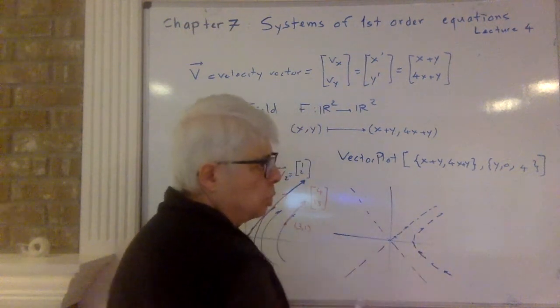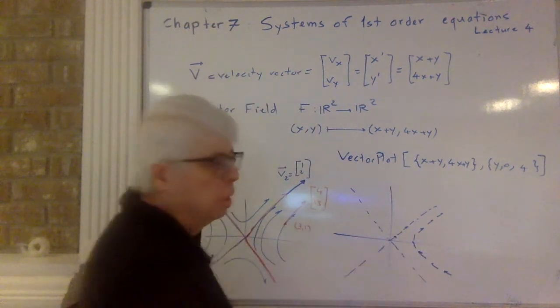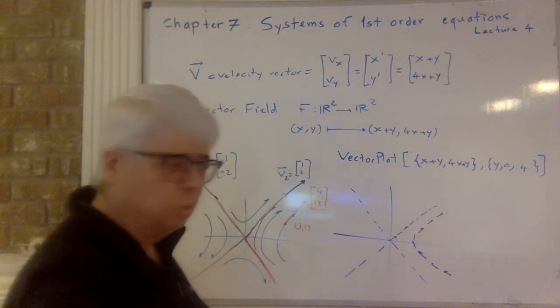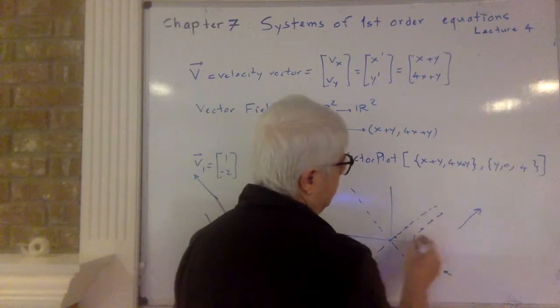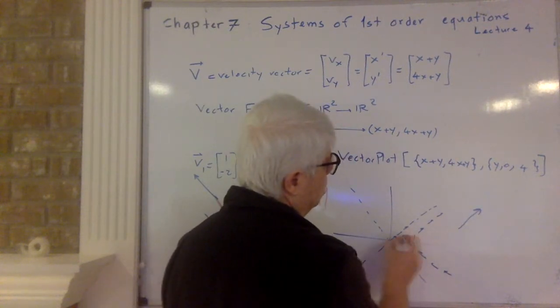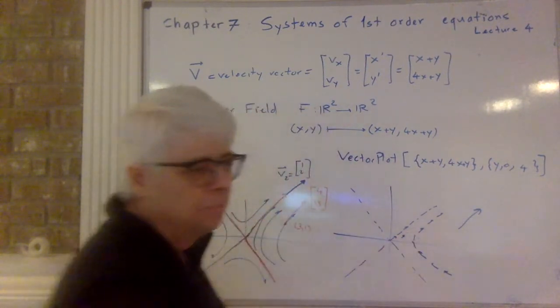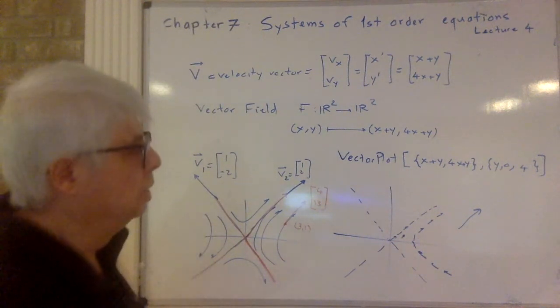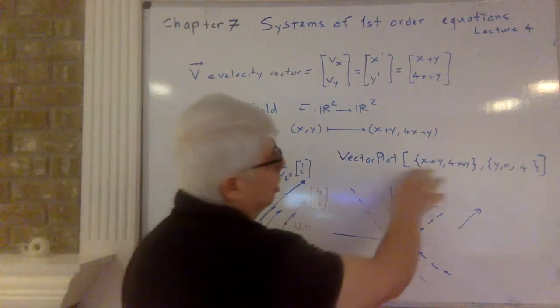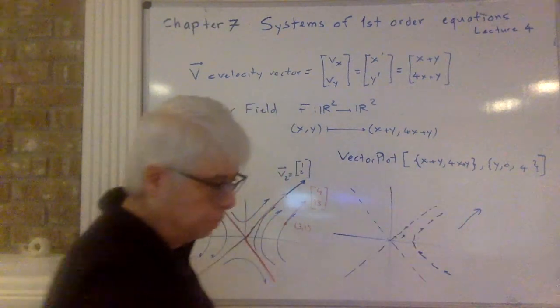But as you get closer to 0, you don't see anything. If you go too far, you don't see anything, because vectors here are so large and vectors here are so small. So as you get closer to 0, it doesn't show you the vectors unless you divide this by its magnitude.